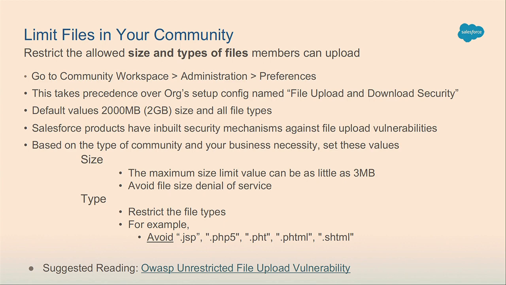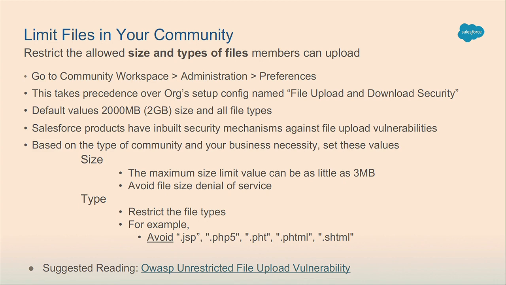But in terms of size, the community admin needs to be mindful because 2 gigabytes default size is huge, and that might choke up the resources of your community. So be mindful about these things and reduce the default file size allowed, and also the type if you know what kind of file types you want to allow on your community.